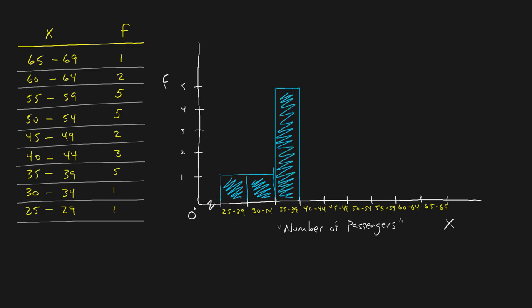That's 35 to 39, and then 40 to 44. There I go up to about 3. And then 45 to 49, there I go up 2. 50 to 54, that one I go up 5 again.